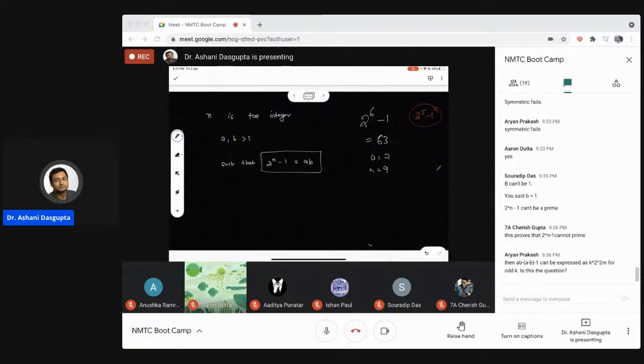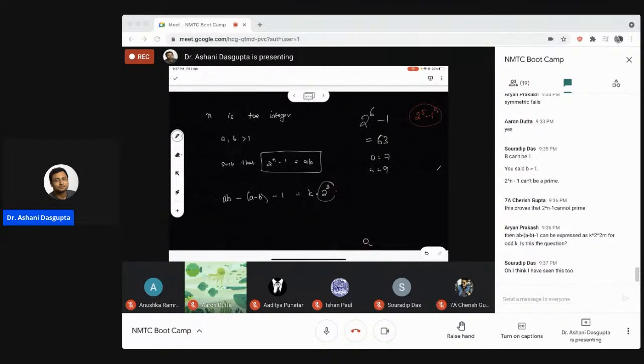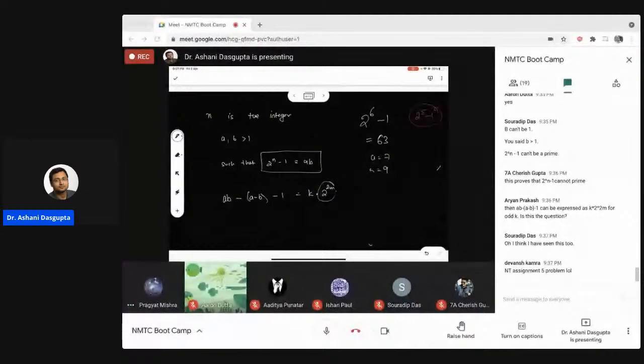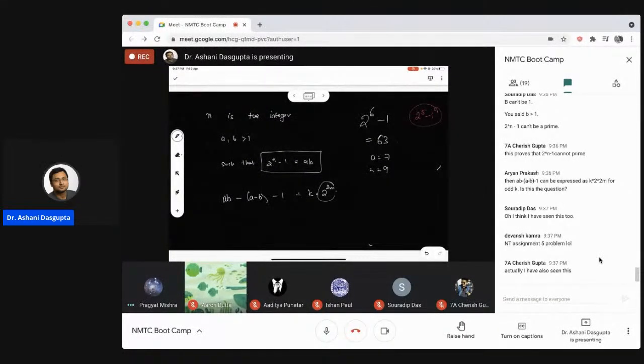So we are basically willing to write ab minus a minus b minus 1 as some constant times a power of 2, an even power in fact, where k is an odd integer and m is a positive integer. So that's great. I think this has been discussed.